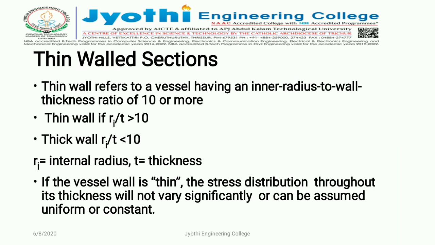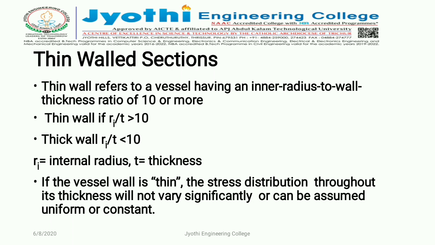Thick and thin-walled sections are classified based on the ratio of inner radius to wall thickness. If the ratio of inner radius to wall thickness is 10 or more, then that pressure vessel is a thin-walled pressure vessel.